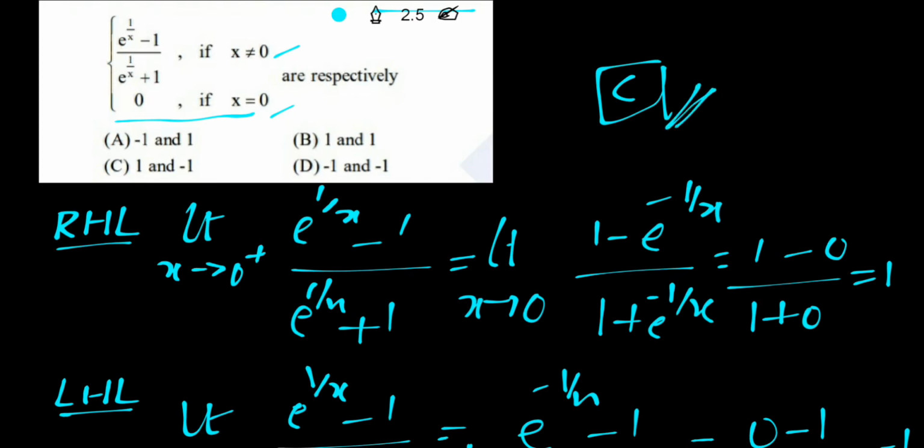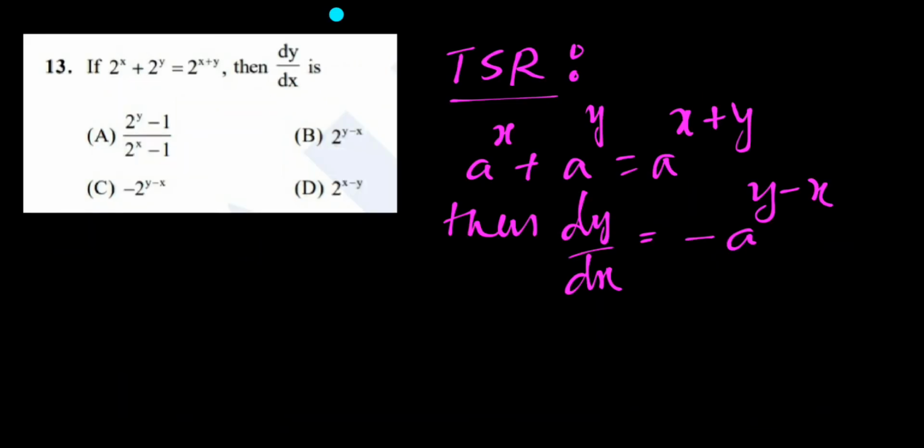Next, problem number 13. If 2 power x plus 2 power y is equal to 2 power x plus y, then dy by dx is? There is a time saving result here. Why? Because we have to use this method for CET purpose. If you do the normal method also, you will get the same answer, but it is a lengthy process.